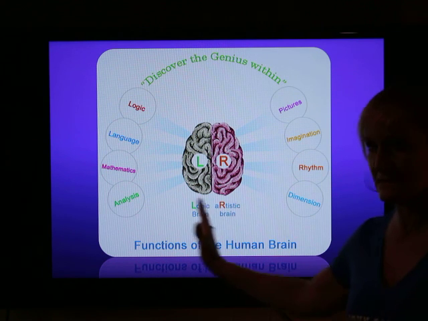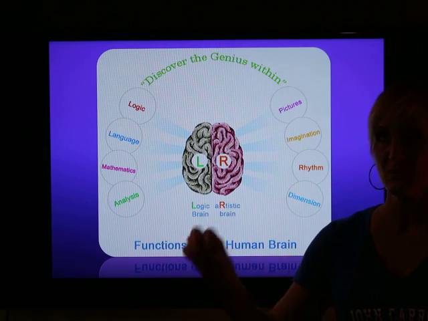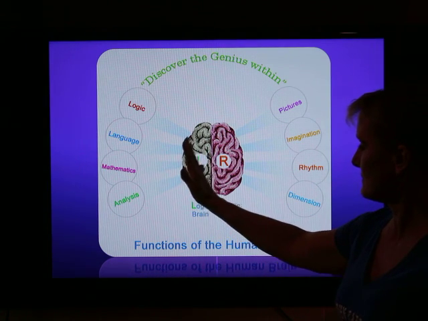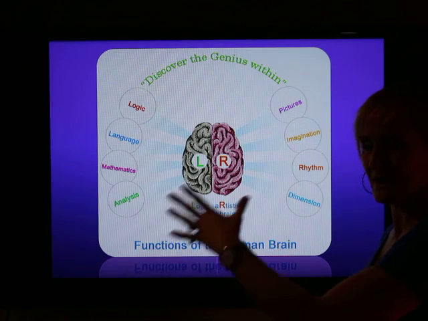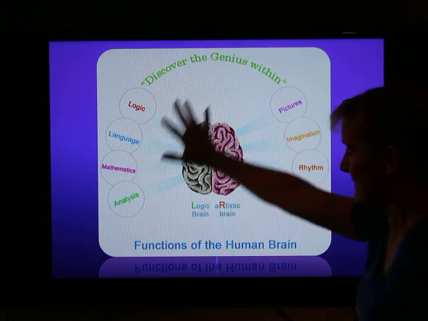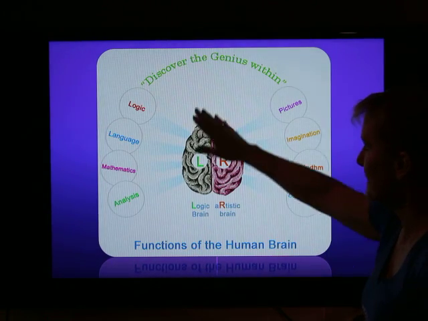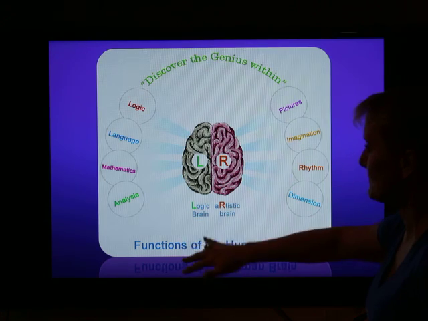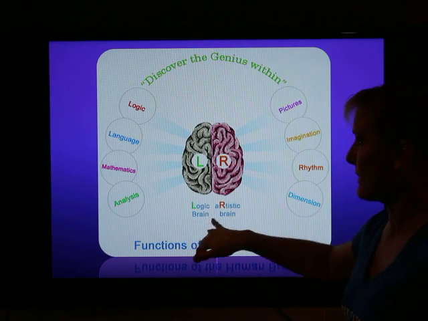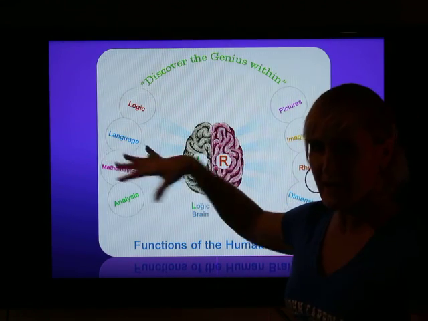The other thing that's important when we're dealing with neurological disorders is the right versus the left side. Most people who are right-handed are left brain dominant, and the opposite. Not everybody. In some people this is reversed, but most people have the left side as their logic brain, and this is where your logic, your language, math, you analyze.